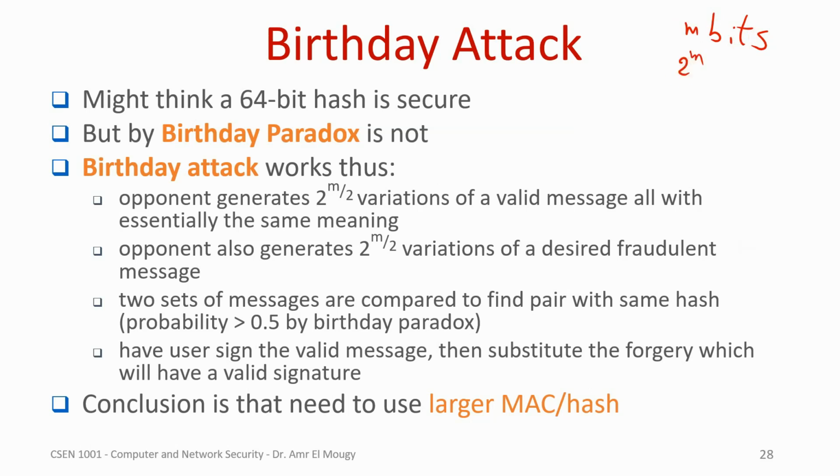This is true for weak collision resistance, meaning that if you have a message x with hash h of x, and you are trying to find y with hash h of y, such that h of x is equal to h of y, the complexity of this attack is on the order of 2 power m steps.